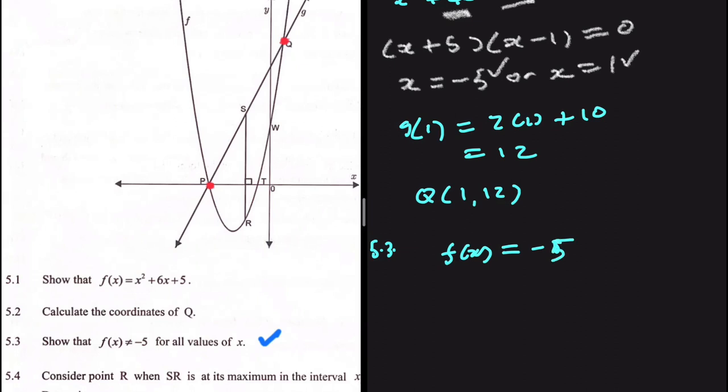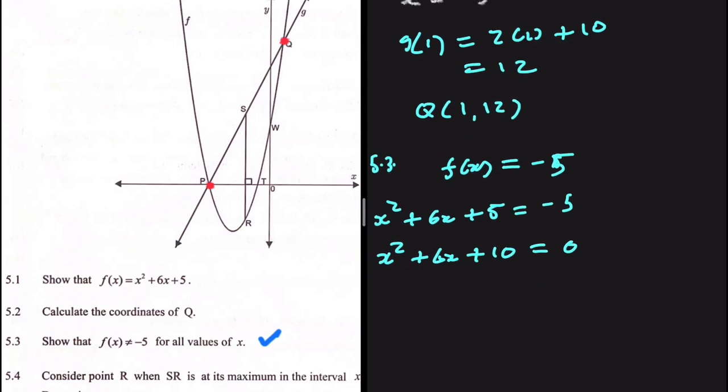So what is f(x)? That is x squared plus 6x plus 5 equal to minus 5. So we're going to have x squared plus 6x plus 10 equal to 0. In order to solve this, we need the aid of the quadratic formula.